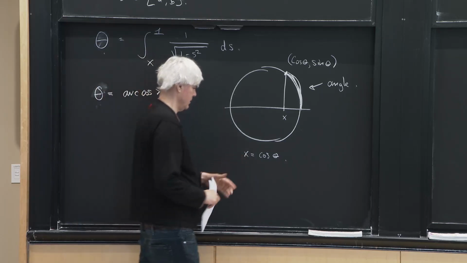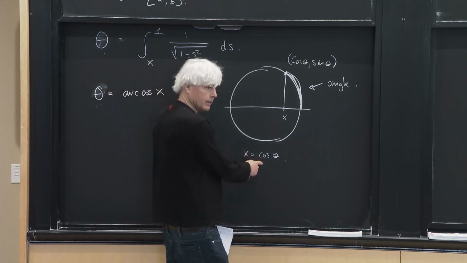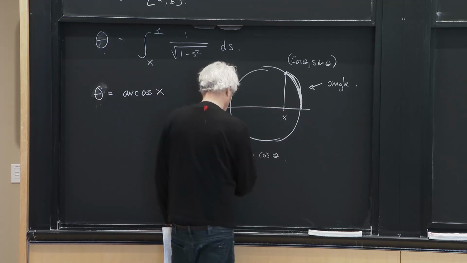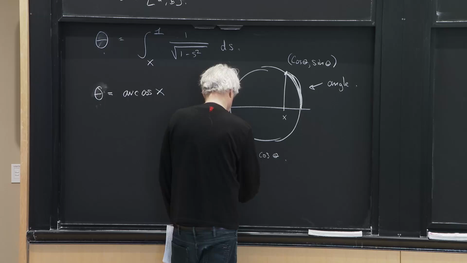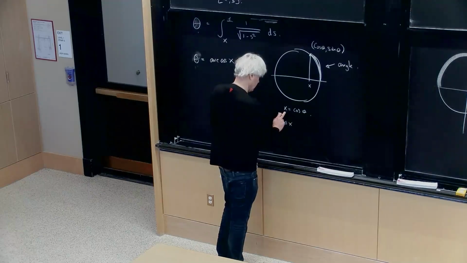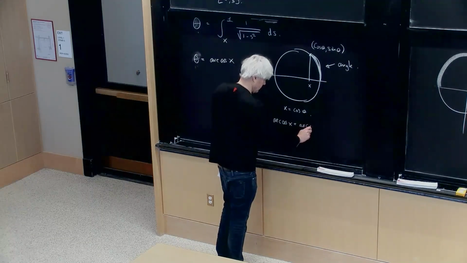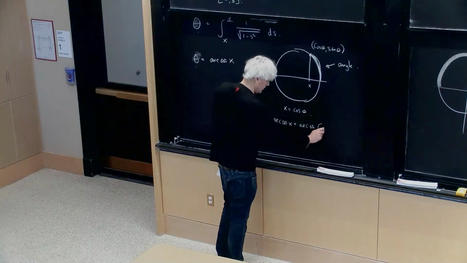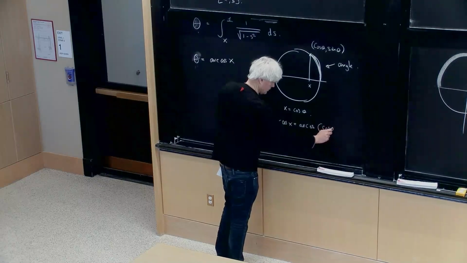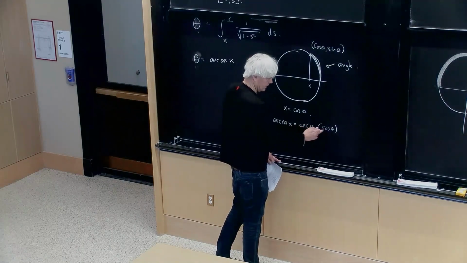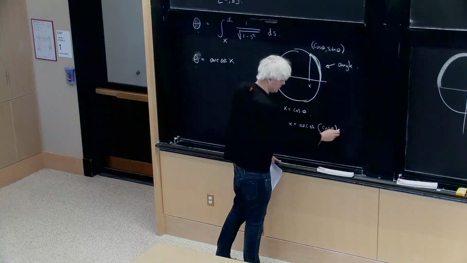If you take the inverse function on both sides, you get arc cosine of x on this side. On this side, you're getting arc cosine of cosine of theta. But these two functions together give you the identity, so this is just theta.